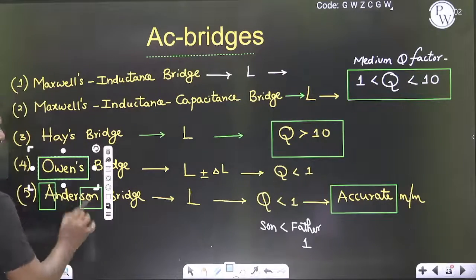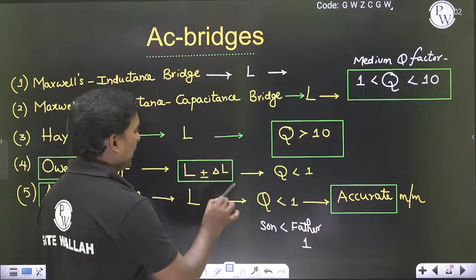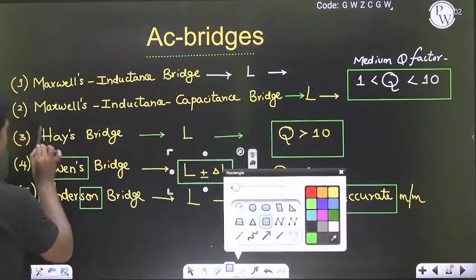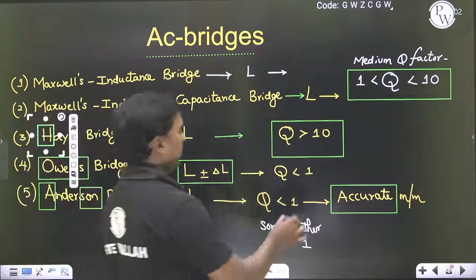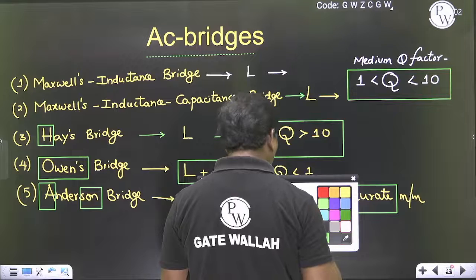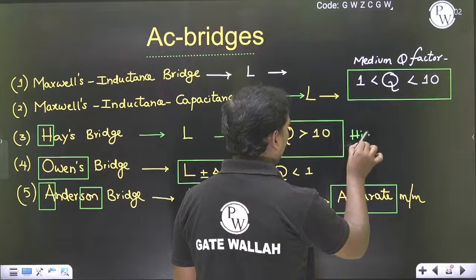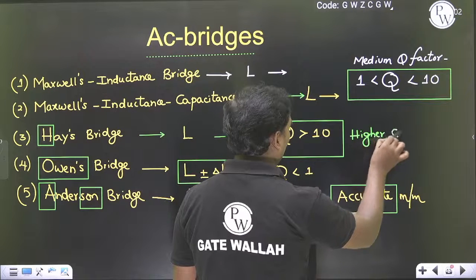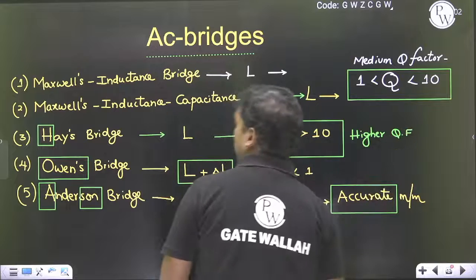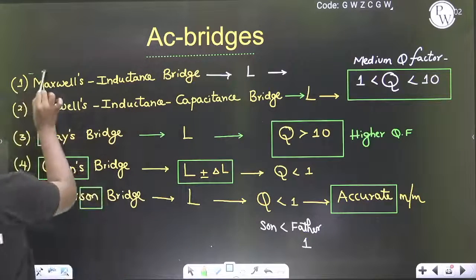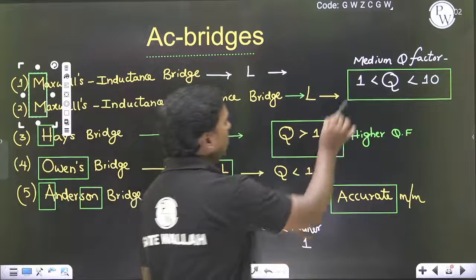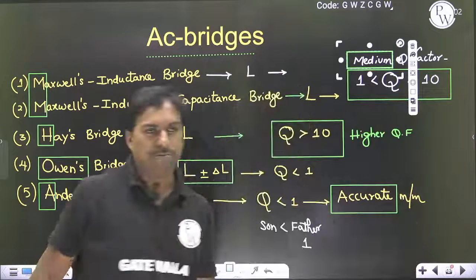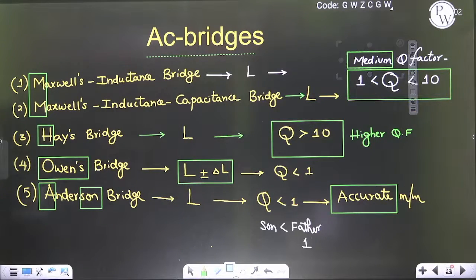In microwave oven there will be incremental and decremental. In Hayes, H is there, so this is for higher Q factor. Next, Maxwell, M is there, so medium Q factor. Beauty. Excellent, Rafsan.